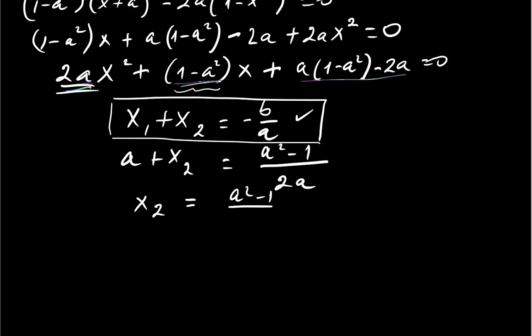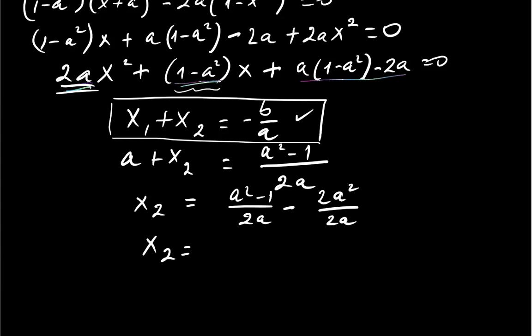2a squared over 2a. If I multiply this a by 2a, I get 2a squared. So x2 is equal to a squared minus 2a squared. That's minus a squared.